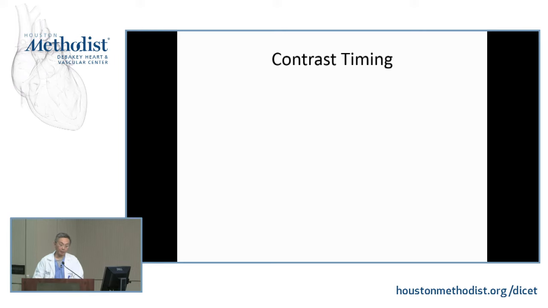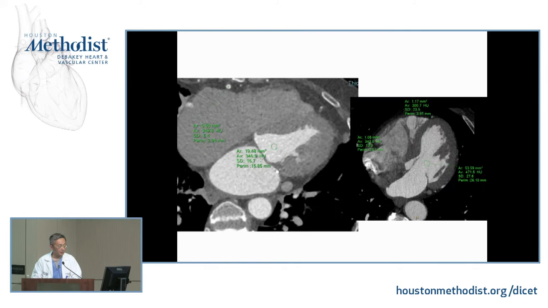Contrast timing is very important. We show you the slides with artifact. This is what you want, okay? For coronary evaluation, most of the contrast in the left side, ideally nothing in the right side, because the RCA is located right next to the right chamber.